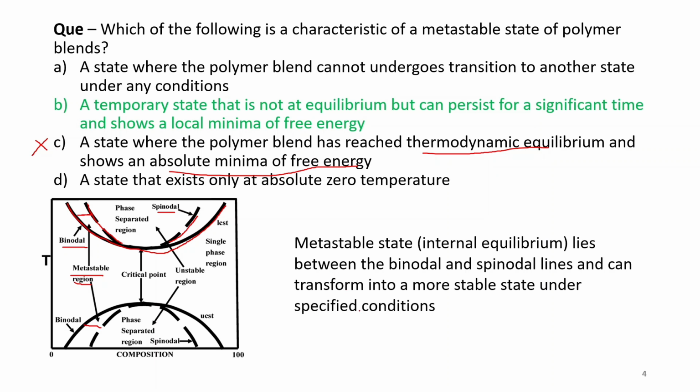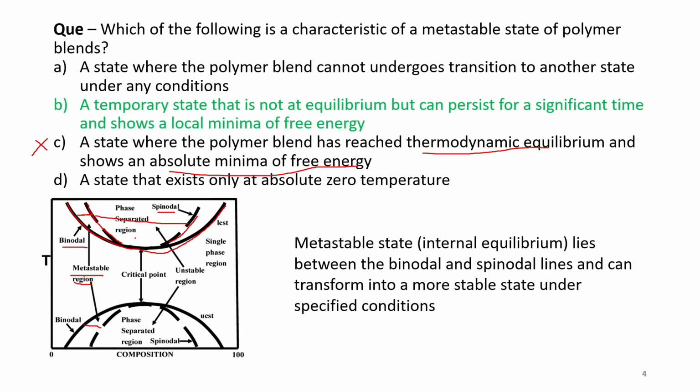So this curve we have already seen in the lecture, where the x-axis is the composition and the y-axis is the temperature. In this curve, the distance between these two spinodal points is the phase separated region.